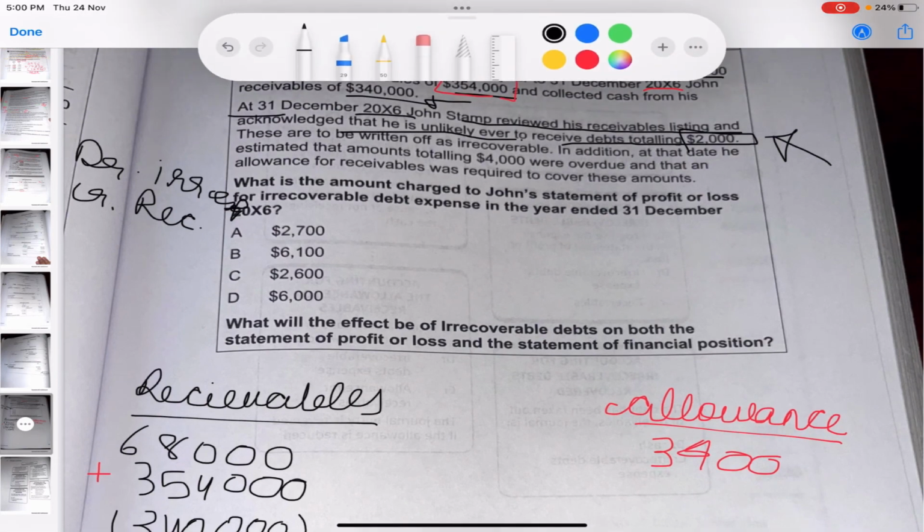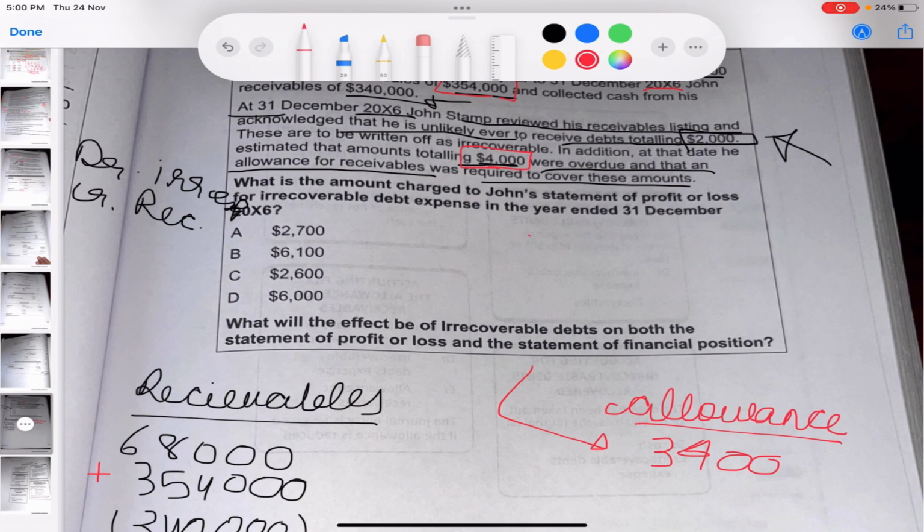In addition, at that date, amounts totaling to 4,000 were overdue and an allowance for receivables was required to cover these amounts. Okay, he needed an allowance of 4,000. How much allowance do we already have? We already have an allowance of 3,400.